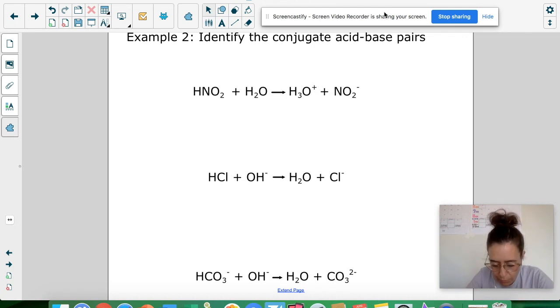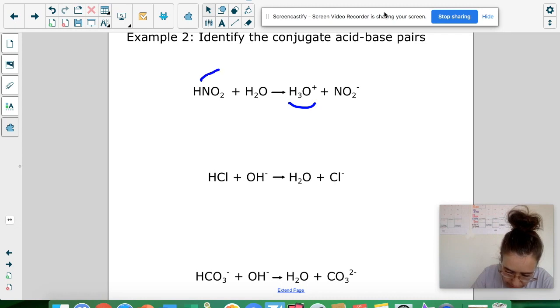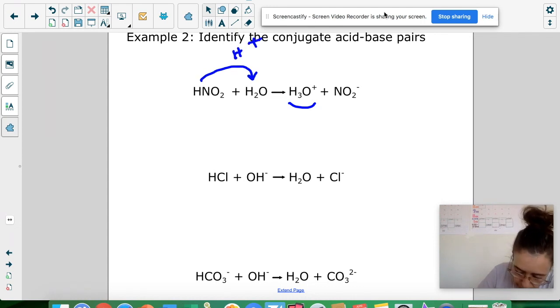So what has happened here? If you notice, the H3O plus is actually the water that has gained one proton. So where is that proton coming from? It's going to come from here. So that means that this substance is giving to the water one proton. So this substance over here is the proton donor.